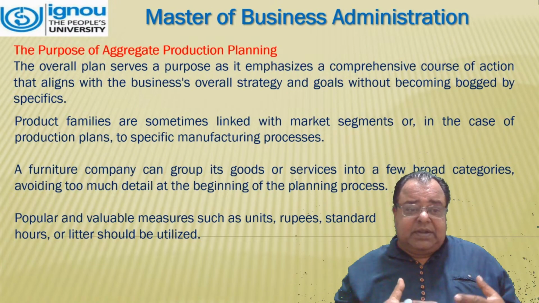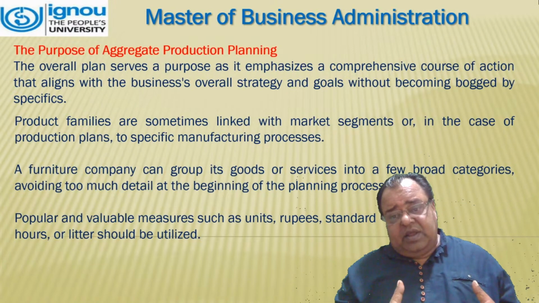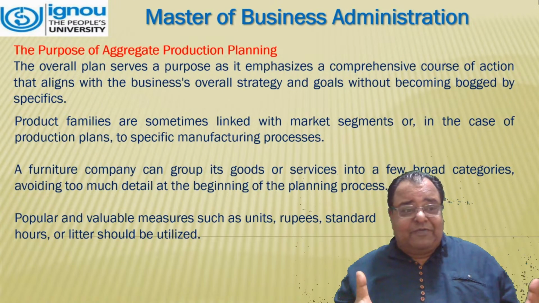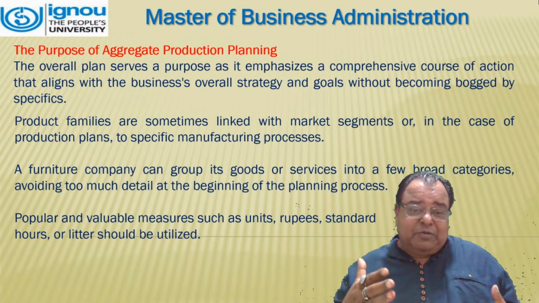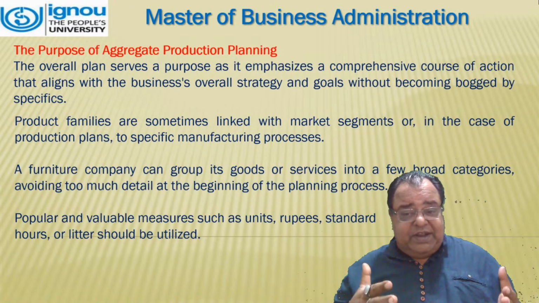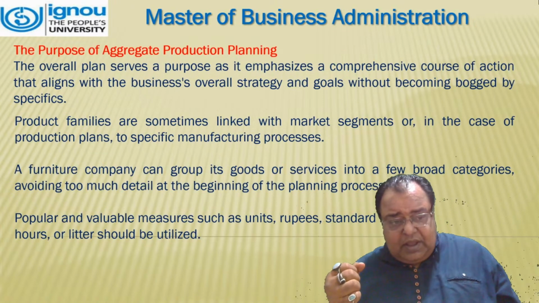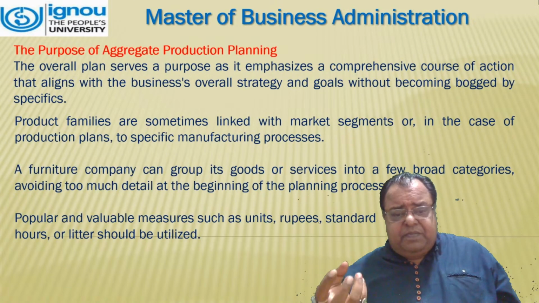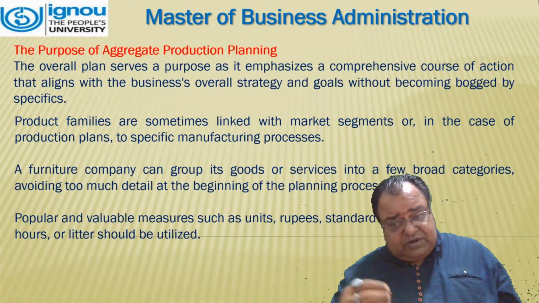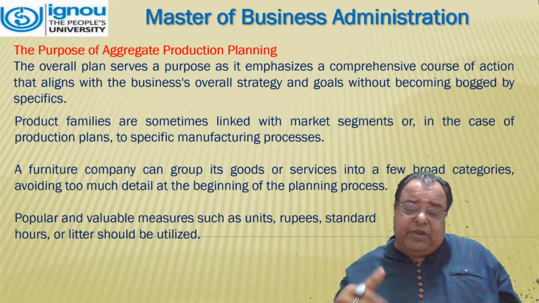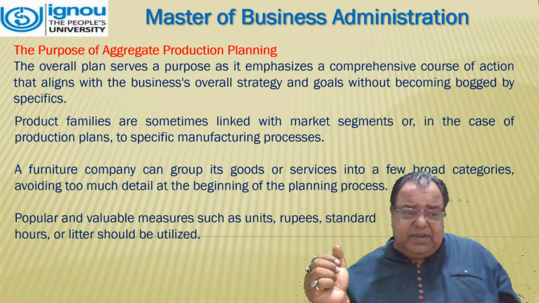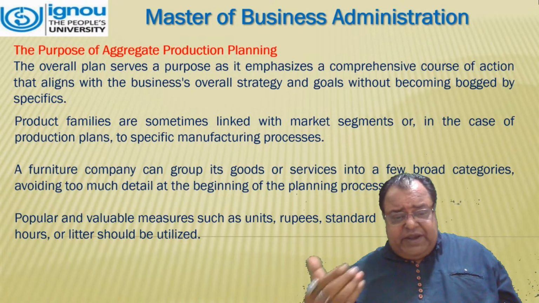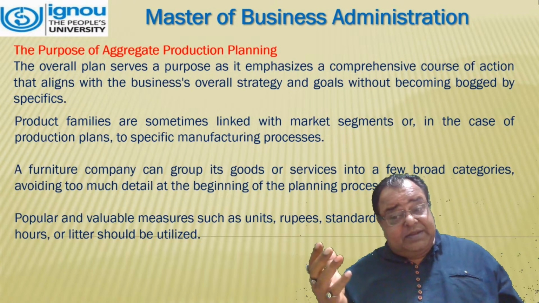Product families are sometimes linked with market segments, or in the case of production plants, to specific manufacturing processes. A furniture company can group its goods or services into a few broad categories, avoiding too much detail at the beginning of the planning process.